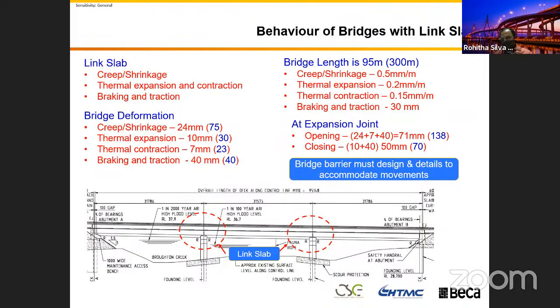That is what I told you when you were designing and detailing the barrier, you need to consider what? The exact deformation of the bridge. Then you need to provide joints along your barrier to make sure that it could accommodate the bridge deformation, because the barrier is directly attached to the bridge. I think I gave the answer to your question in that one.